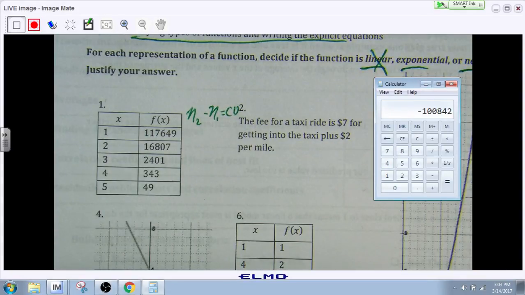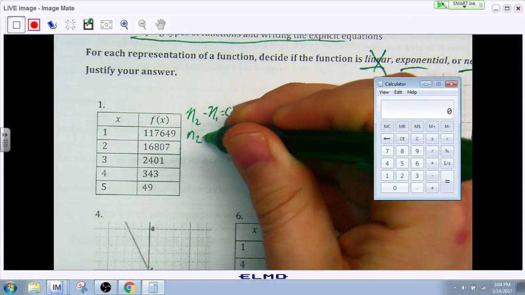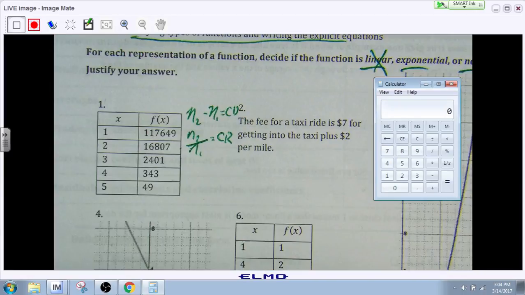What can I do now? Well, I can try to figure out if it's geometric. In that case, I'm multiplying by some number each time, so my n2 divided by my n1 would be my common ratio. Let me try this now. Let me take my n2, which is 16,807, and divide that by 117,649.